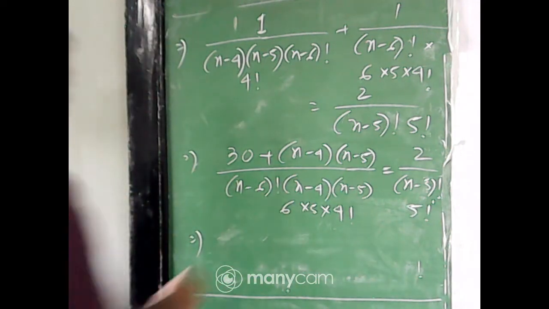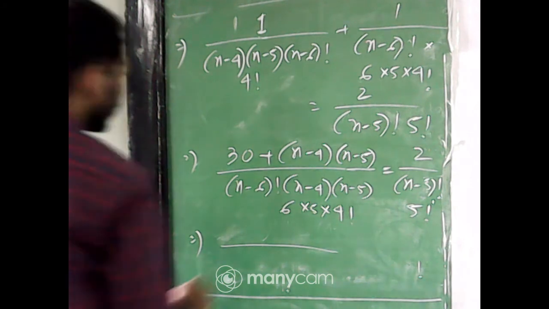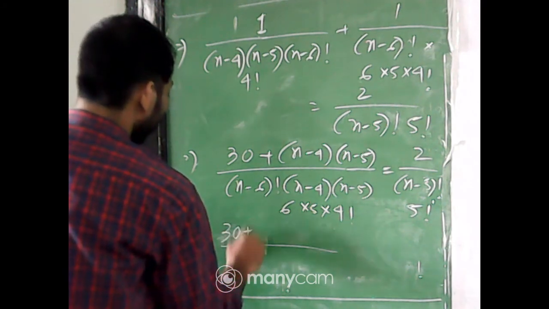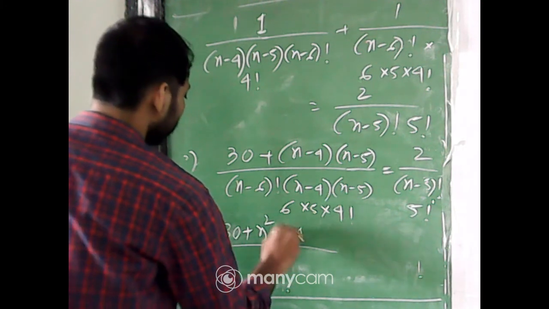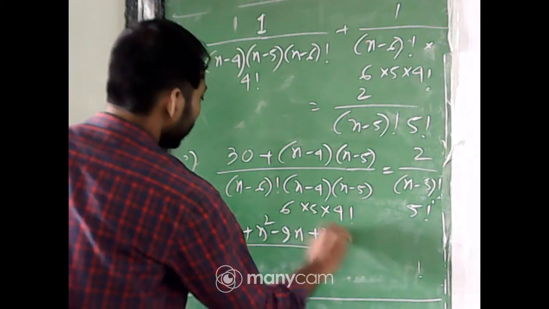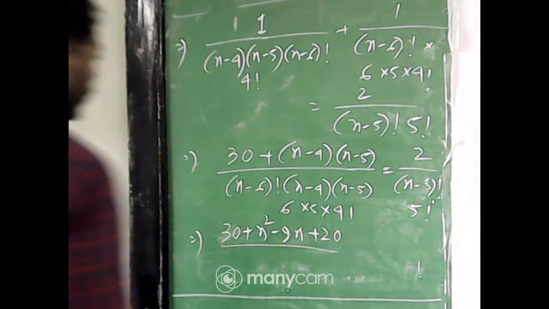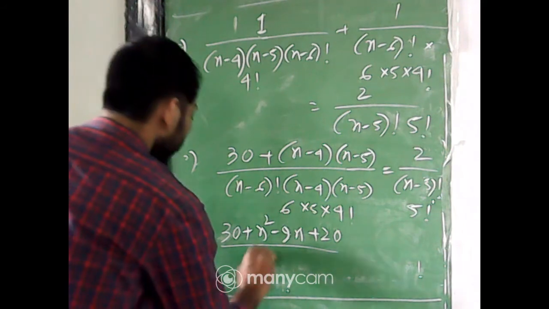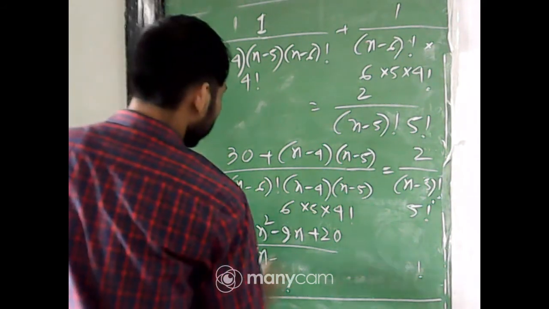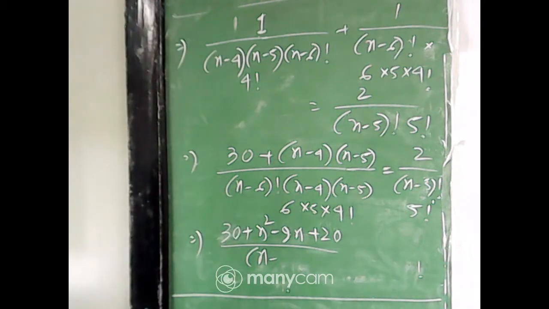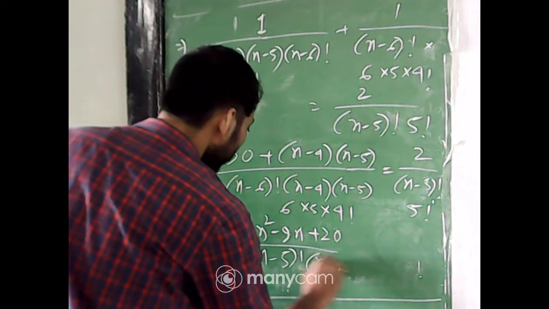Okay. That means in the numerator it will be 30 plus n square minus 9n plus 20 divided by, again it will be n minus 5 factorial into n minus 4.